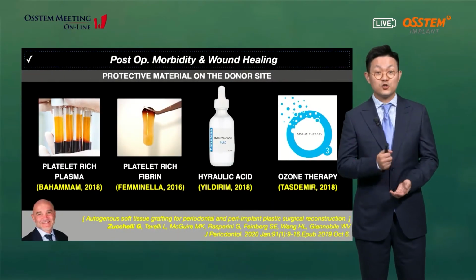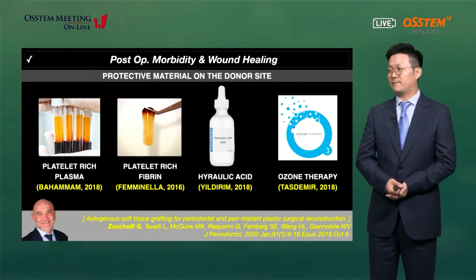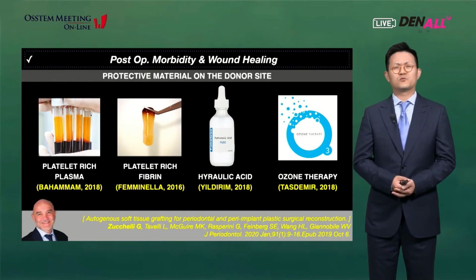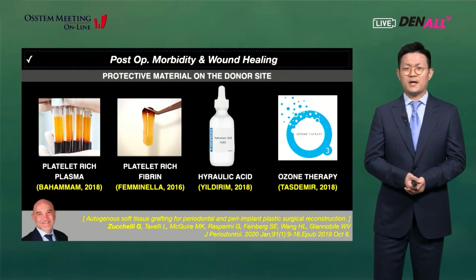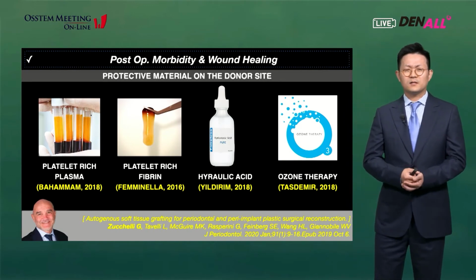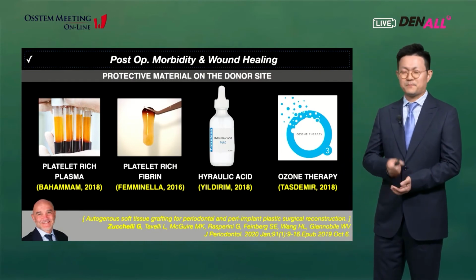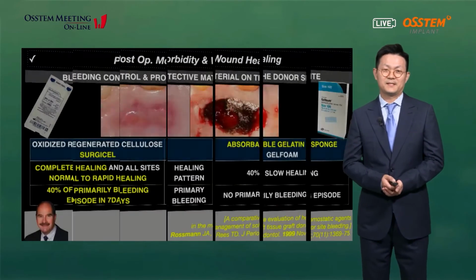And he introduced protective materials, PRP or PRF, and hyaluronic acid or ozone therapy. But as you know, drawing blood before the surgery and making PRF or PRP, I think could be another morbidity and an expensive option for clinicians.